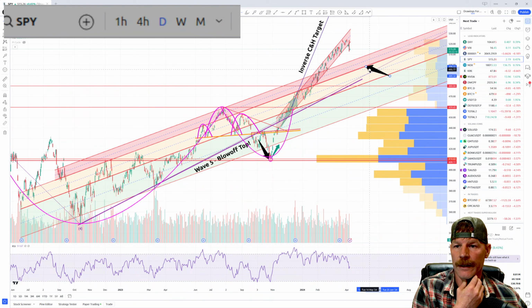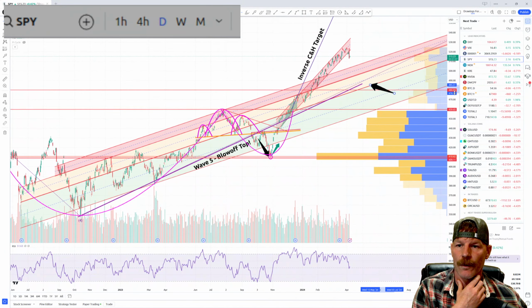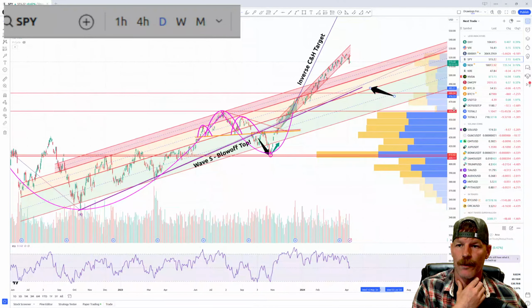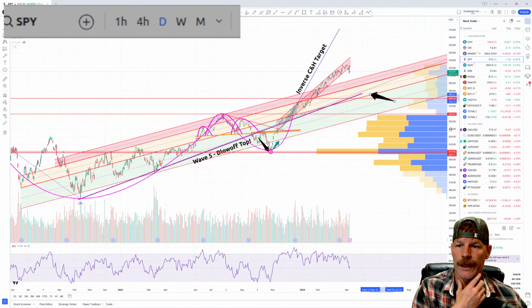We could even come back into the orange or the yellow area. That is a potential. But at some point, the bottom of one of these channels, potentially the red or the yellow, is going to stop us as support. And my expectation is once that happens over the next couple weeks or so, then we continue upward.